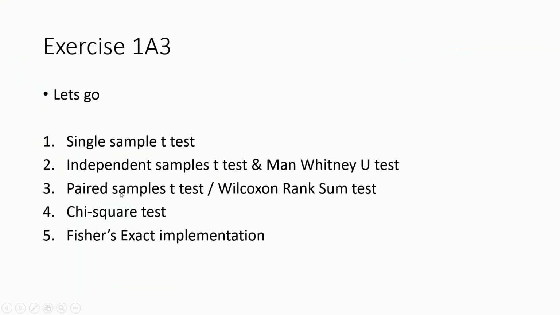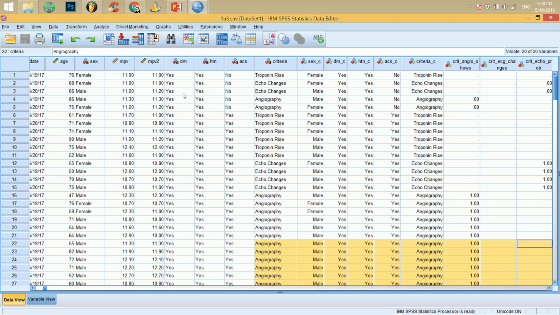So let's have a look at the paired sample t-test. Now for this example, we'll be taking these two variables, MPV and MPV2. MPV is the mean platelet volume of the patients who just came into emergency, and MPV2 is the MPV of the same patients taken after 2 hours of some kind of intervention or observation.